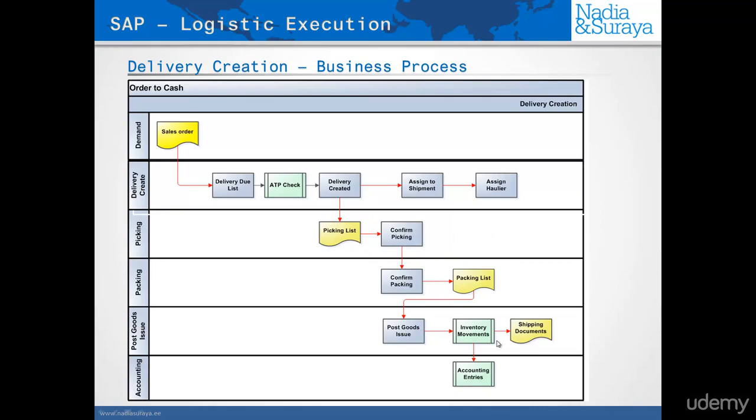I want to reiterate how it actually works. It's like a conveyor belt. Each person is like an operator on this line, and each operator only does one thing. Let's say one operator does picking, one does packing, one does goods issue. So one operator would say, show me all the deliveries that need to be picked.